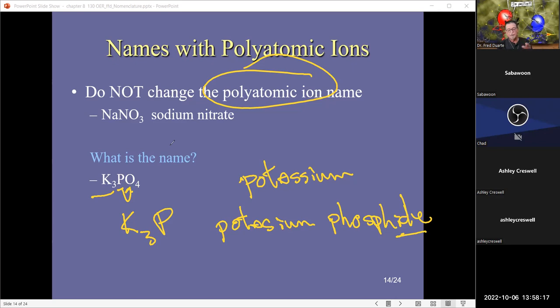Now you could say, all right, that's a polyatomic ion, let's verify that. Because I know potassium each has a +1, but there's 3 of them here. So that means I've got a +3 for all the potassiums total. That infers that the PO4 must be a -3.